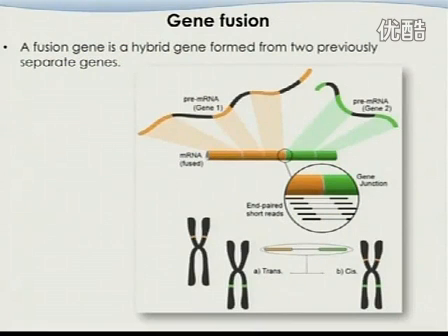This is remarkable. Another study is on gene fusion. So what is gene fusion? It's a fusion gene, a hybrid gene formed from two previously separate genes. You can see this is one chromosome, this is another chromosome, there's one gene here and the other gene here. In a normal individual, you will see this gene transcribed and that gene transcribed separately.